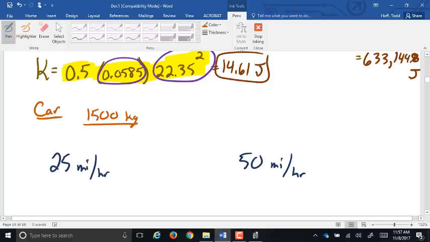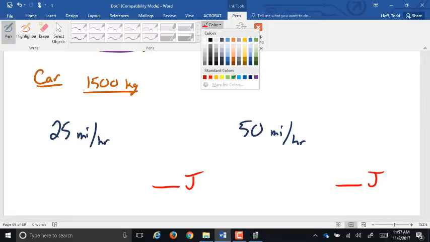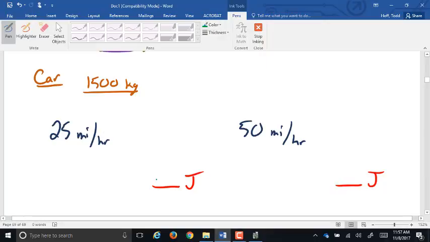Now what I want you to do is find the kinetic energy of that car at each of those speeds. Remember, you have to turn the 25 miles per hour into meters per second. So I'll give you guys a couple minutes to do that. Convert those over and find those kinetic energies.